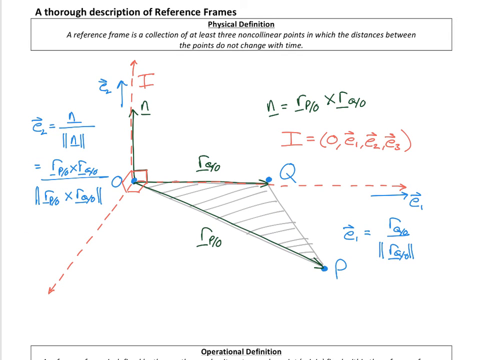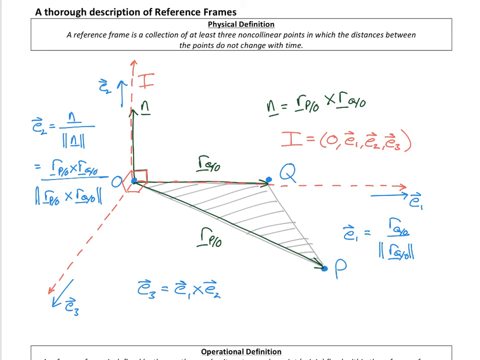And now we have one more vector to define that's orthogonal to E1 and E2, and that's E3. And what's nice about this is that now that we already have E sub 1 and E sub 2 defined, E sub 3 is equal to the cross product between E sub 1 and E sub 2.